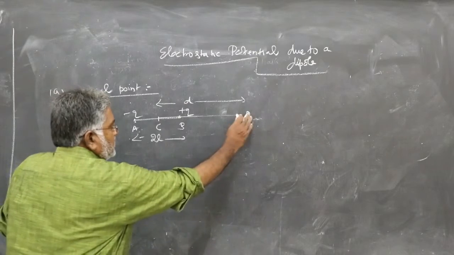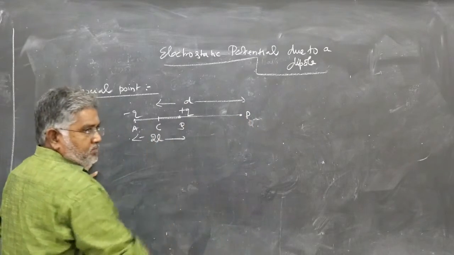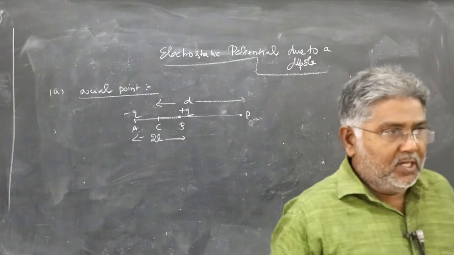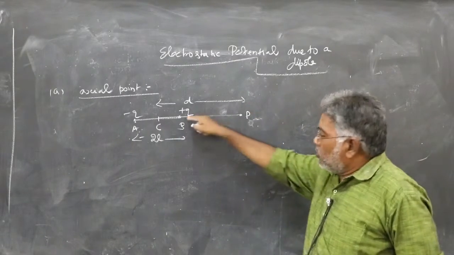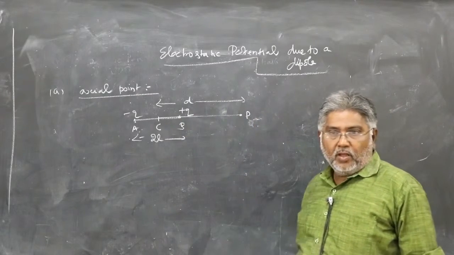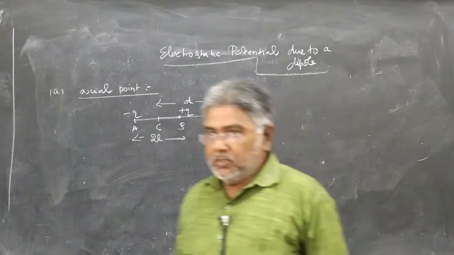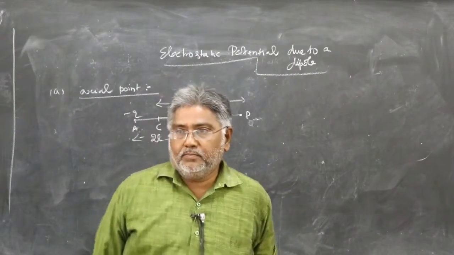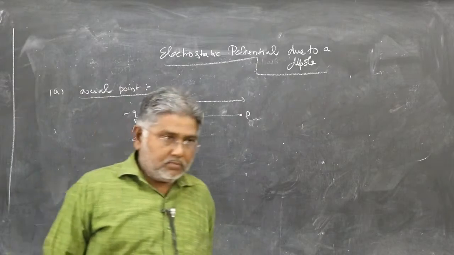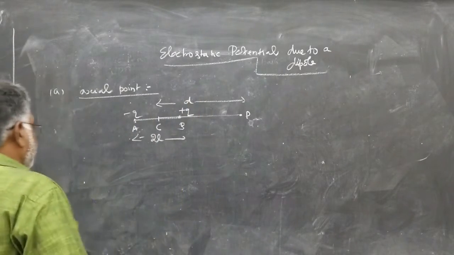How to find the potential at P due to this dipole? Use the principle of superposition for potentials. Find the potential at P due to plus Q, and the potential at P due to minus Q. Find the algebraic sum, not the vector sum, because potential is a scalar. Let's see how to proceed.